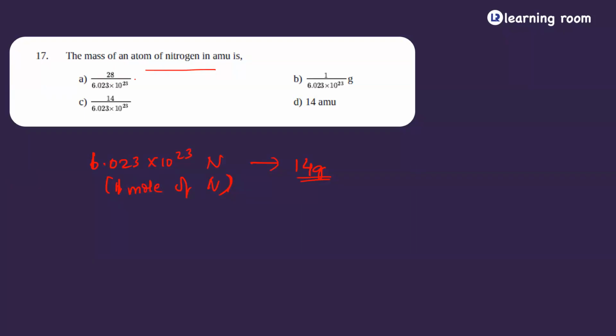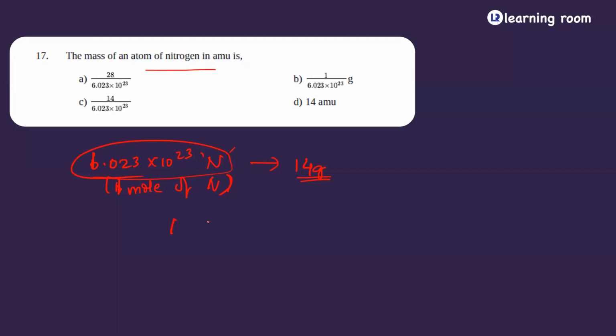But what is the mass of 1 atom of nitrogen? Here they are not taking the mole comparison. They are asking you in terms of number of atoms. So convert mole to number of atoms and compare. Simple. 1 mole of nitrogen is 14 gram. 1 mole means 6.023 into 10 to the power of 23 nitrogen atoms weigh 14 grams.